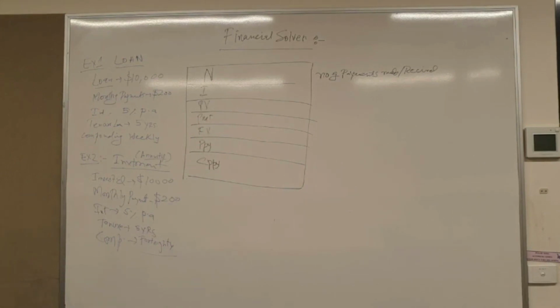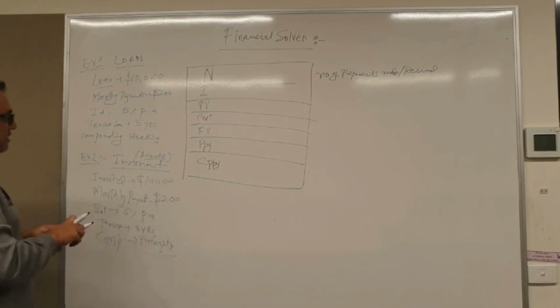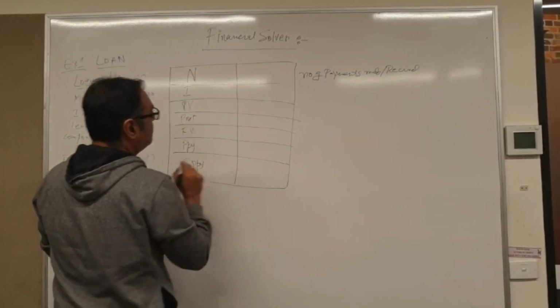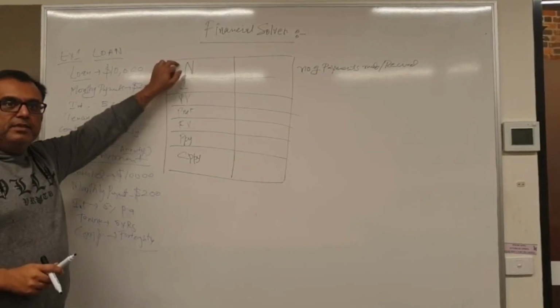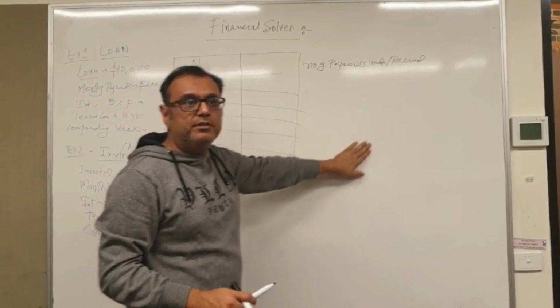Let's see how your financial solver will behave in these two examples. I will fill the loan scenario with blue and the investment scenario with black. The tenure N is the total number of payments either made or received.